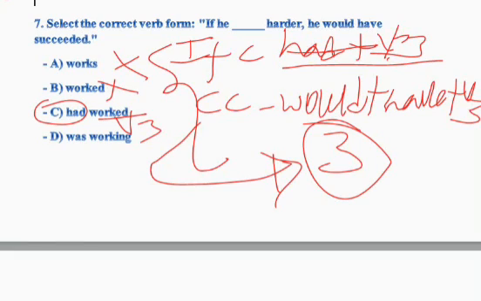D, was working, is past continuous, so it cannot be an answer. The correct answer is therefore C, had worked. If he had worked harder, he would have succeeded.